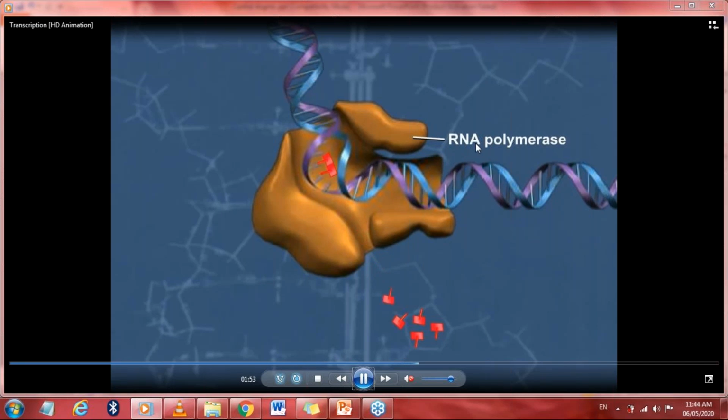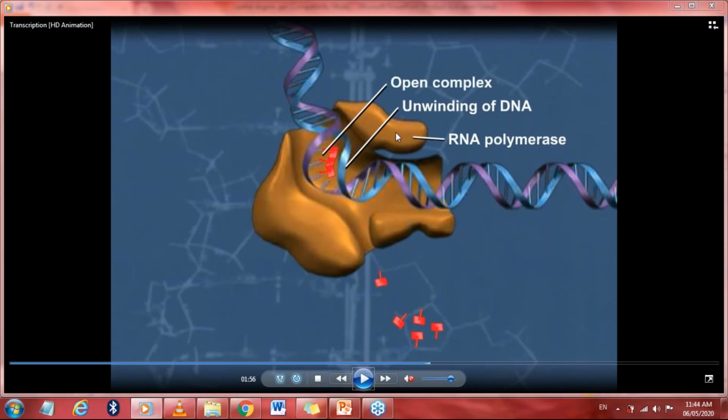Because of this RNA polymerase enzyme, unwinding of the DNA happens. After unwinding, the red one indicates that a new polynucleotide chain comes here. This new polynucleotide chain will make a new messenger RNA molecule, as you can see here.